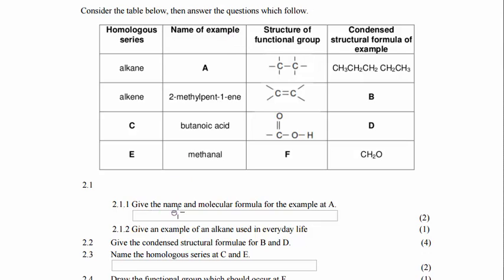The first one: give the name and molecular formula for the example at A. So there's an alkane, an example of the alkane, the name, and then they give us the structural group, in other words just the functional group. We know alkanes have single bonds between carbons. Alkenes have a double bond.